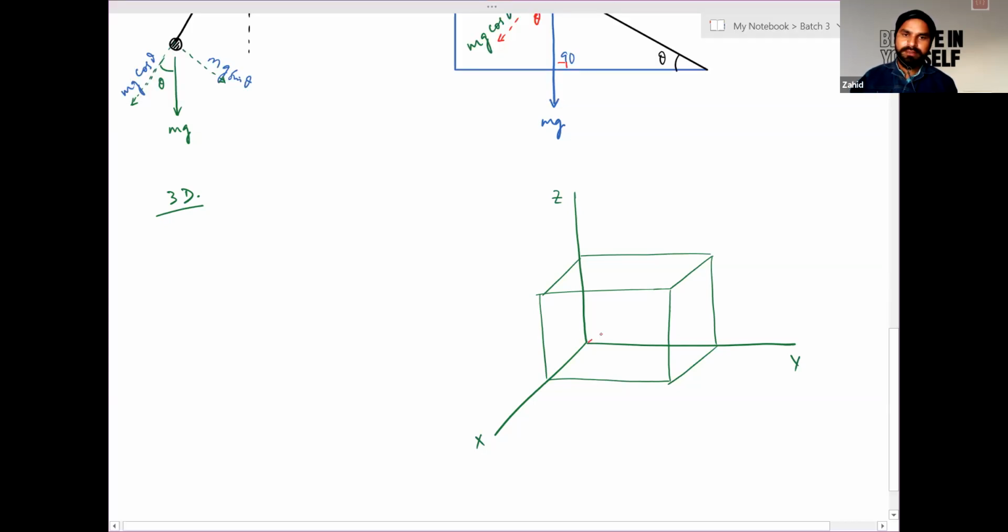And there is a vector from this point to this point. Let's say A, for which it will have 3 components.